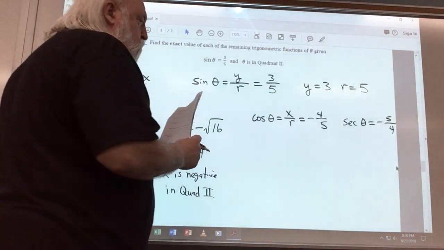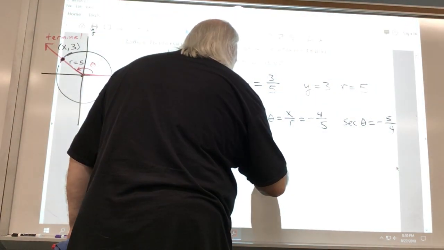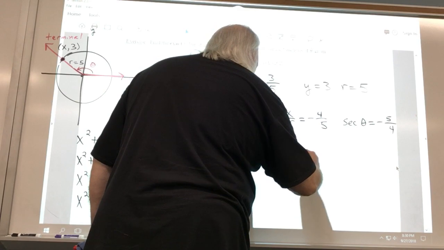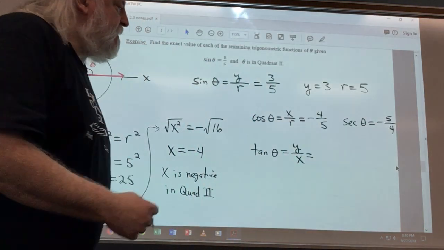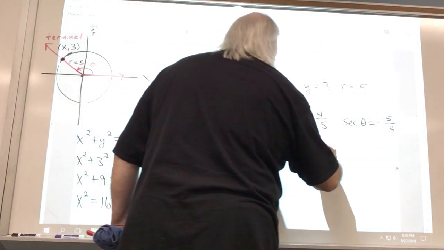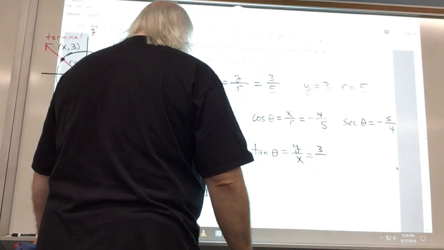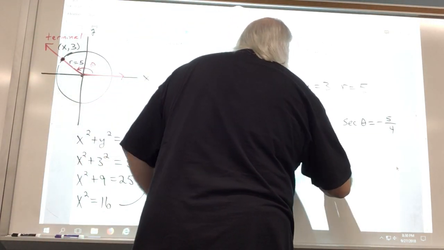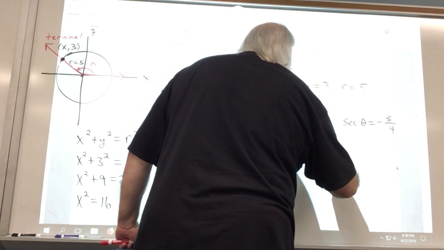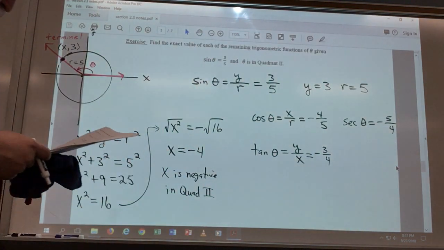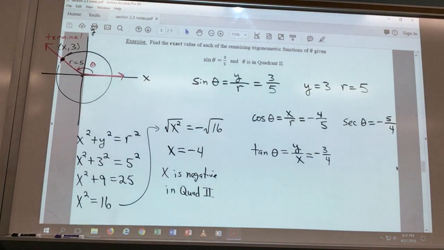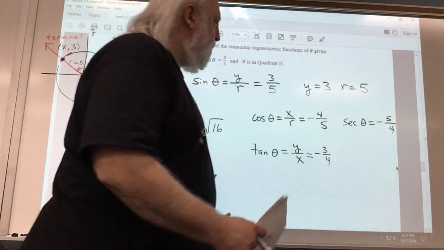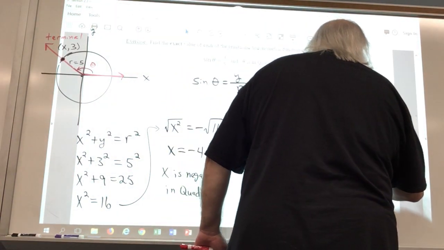Tangent theta is still equal to y over x, and y is equal to 3, and x is equal to minus 4. So tangent theta is equal to minus 3/4. Well, cotangent is the reciprocal of tangent, and the reciprocal of minus 3/4 is minus 4/3.